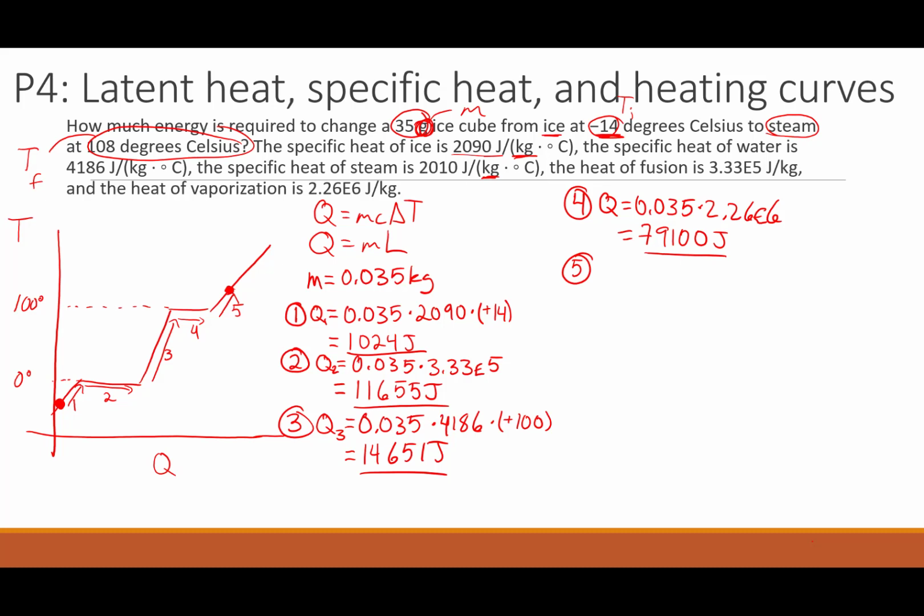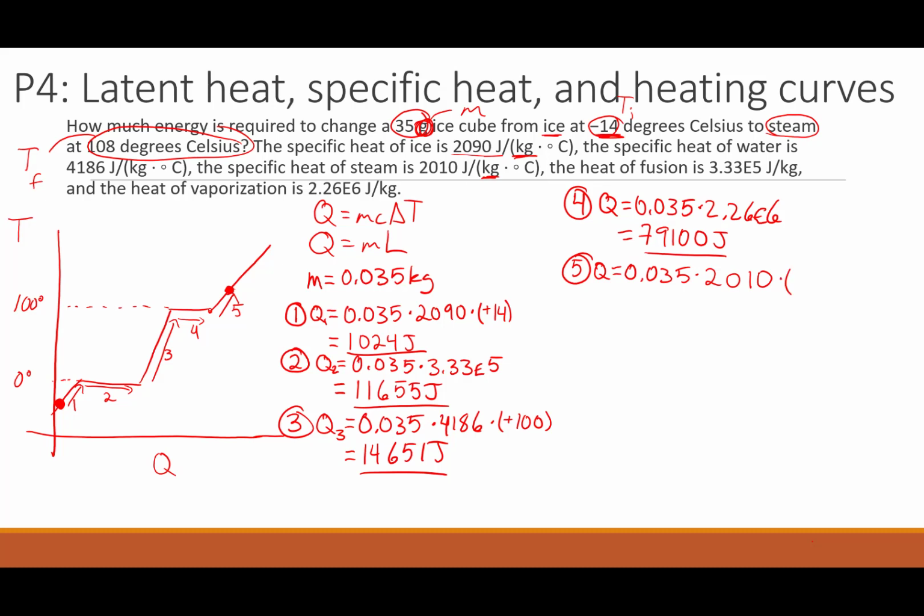Number 5. Once we fully vaporize all of our water, it's at 100 degrees right here. We bring it up to a higher temperature, 108 degrees, so that's Q equals mc delta T, 0.035. The mass is still the same. The specific heat is the specific heat of steam, so that's 2010.